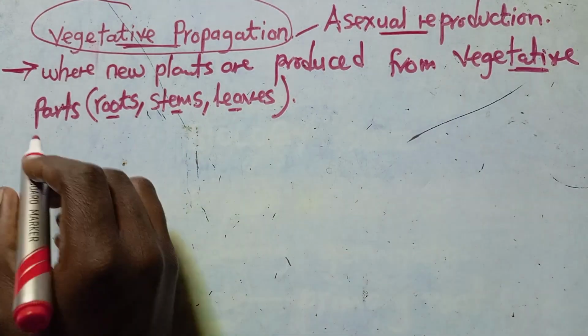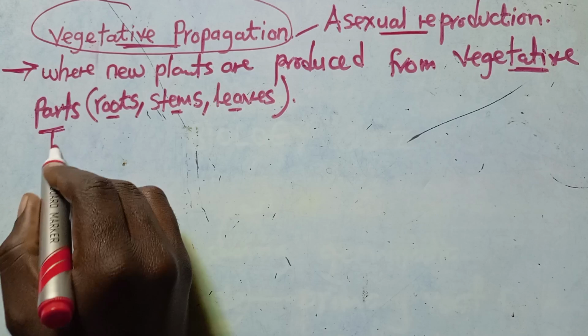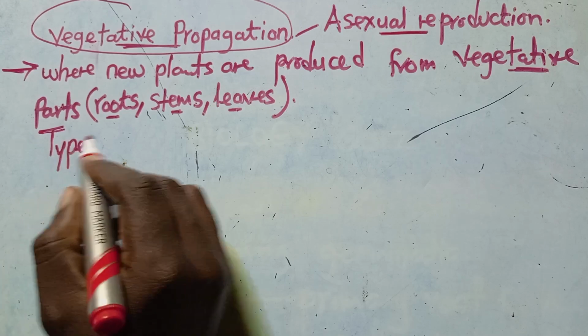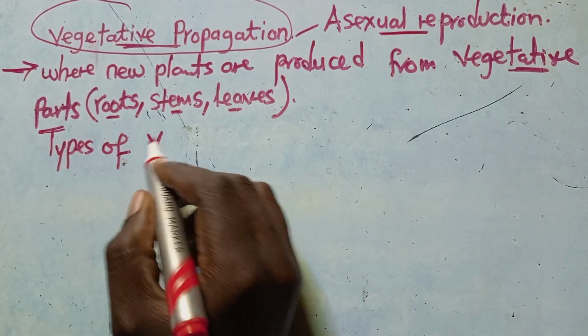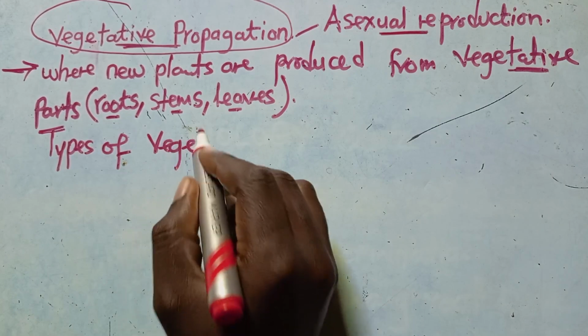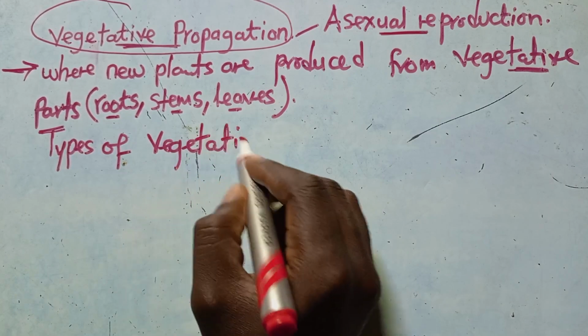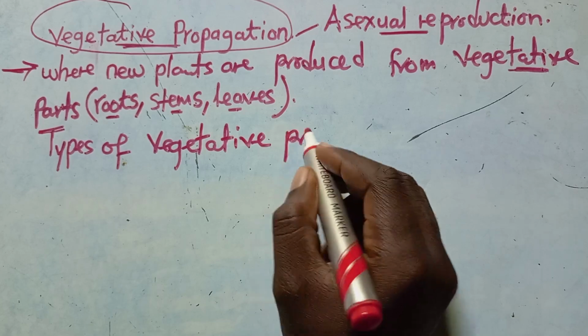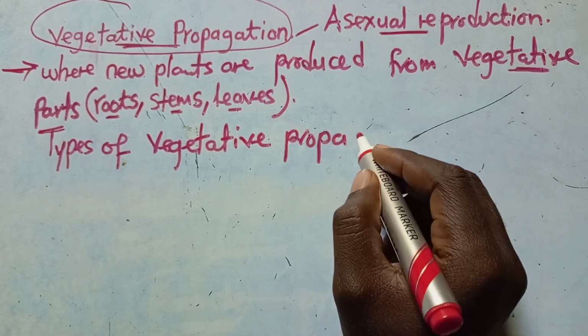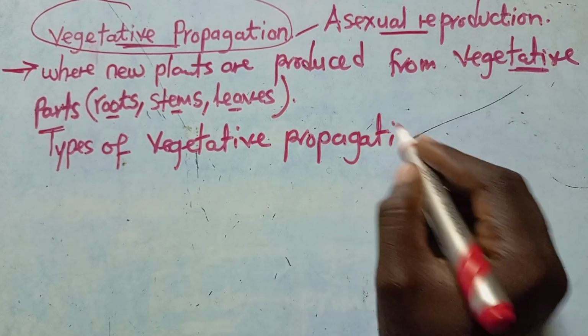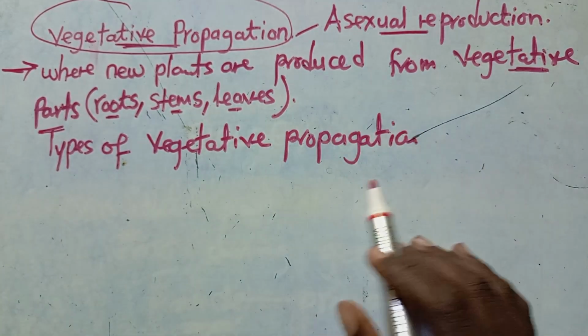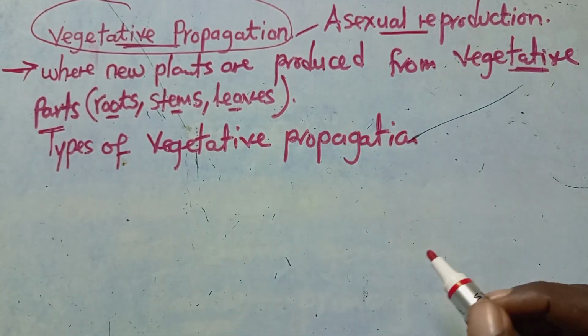You need to understand that we have types of vegetative propagation. These types are just two.